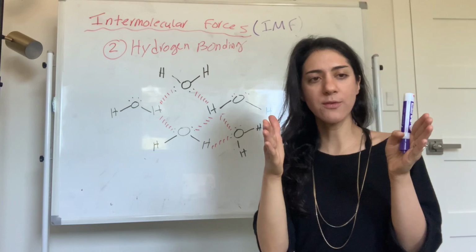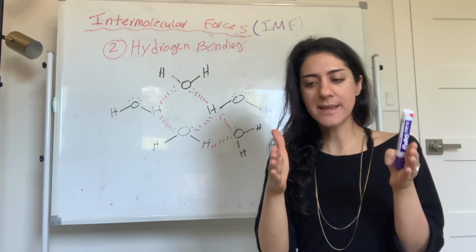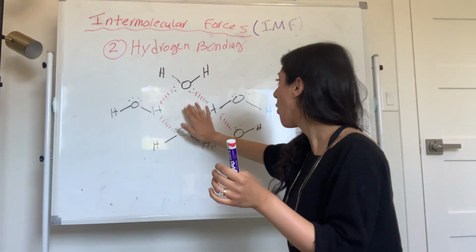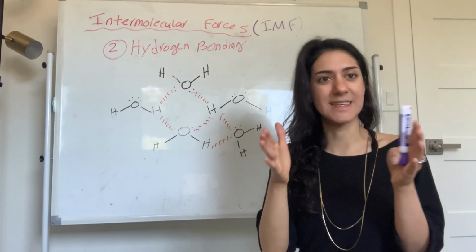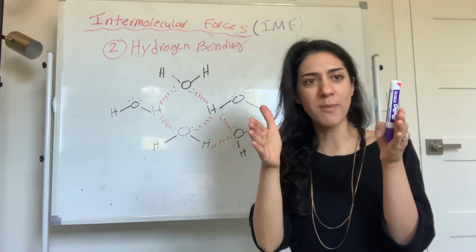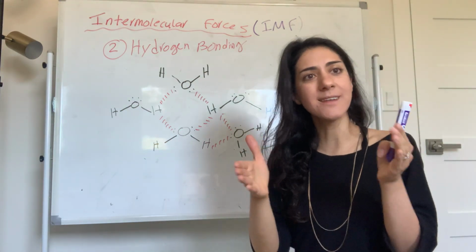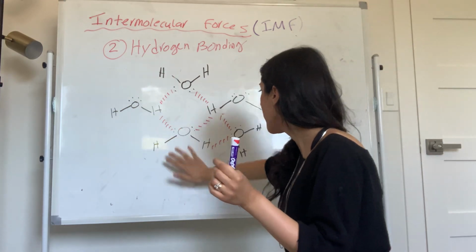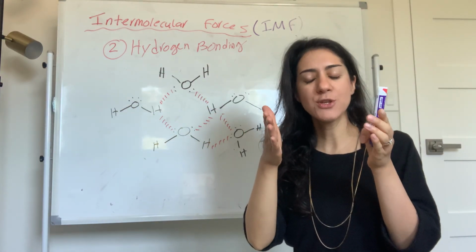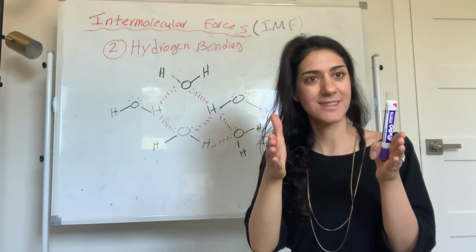Things are a little bit tighter. When you have less movement, you have all these beautiful empty spaces. So it's going to be less dense because you have all these pockets and empty spaces.